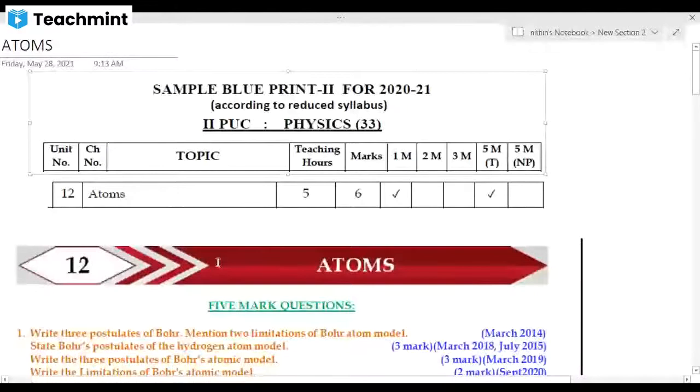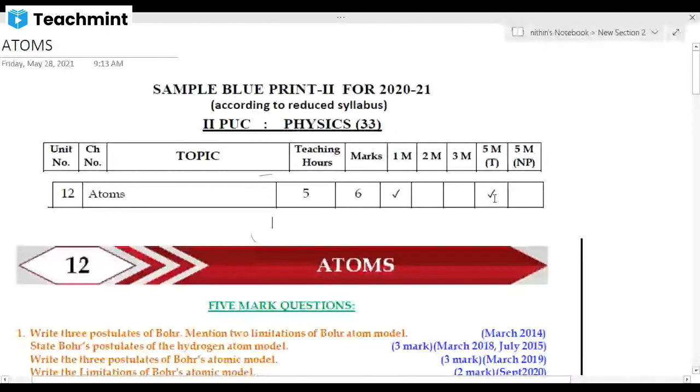Right, so today we will discuss the lesson Atoms. The name of the lesson will be Atoms. In this lesson, if you observe, the total marks will be 6: one mark question one will come, and a 5 marks theory question one will come.